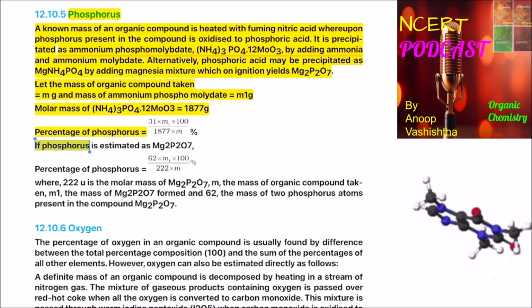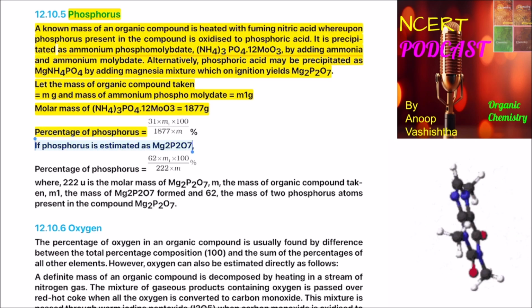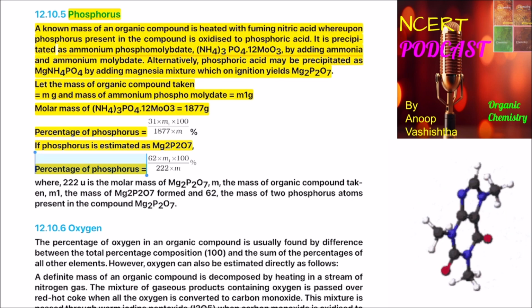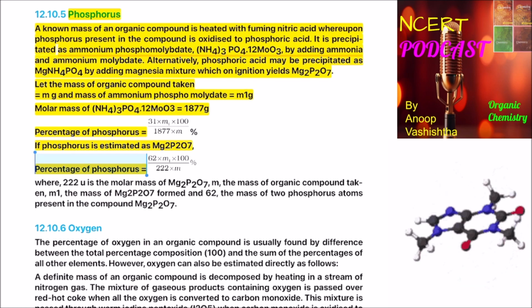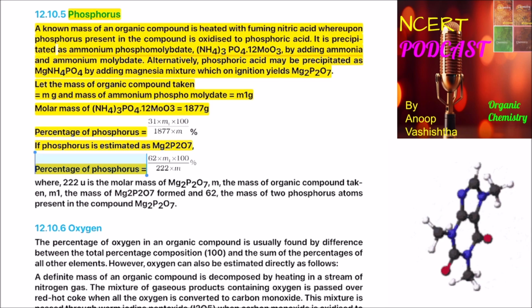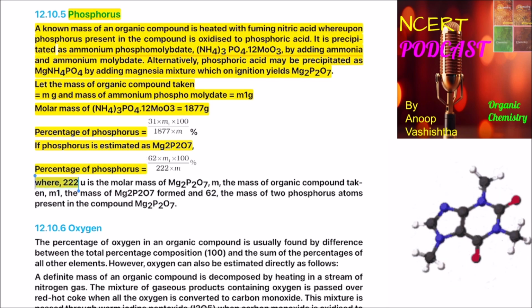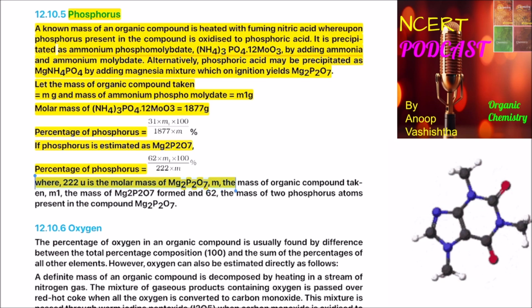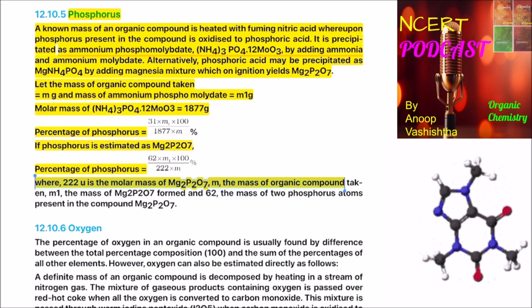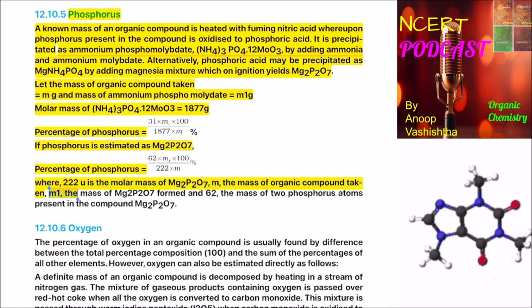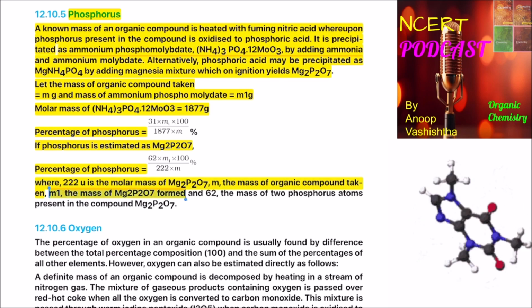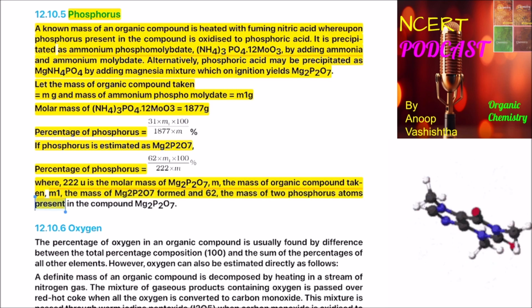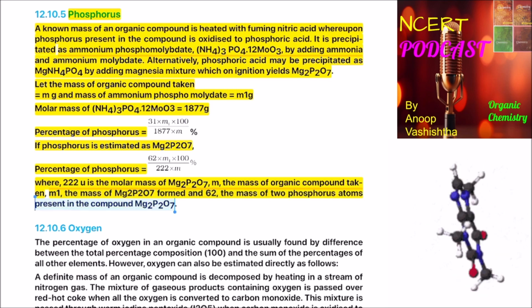If phosphorus is estimated as Mg2P2O7, percentage of phosphorus is equal to 62 into m1 into 100 divided by 222 into m percent, where 222 is the molar mass of Mg2P2O7, m the mass of organic compound taken, m1 the mass of Mg2P2O7 formed, and 62 the mass of two phosphorus atoms present in the compound Mg2P2O7.